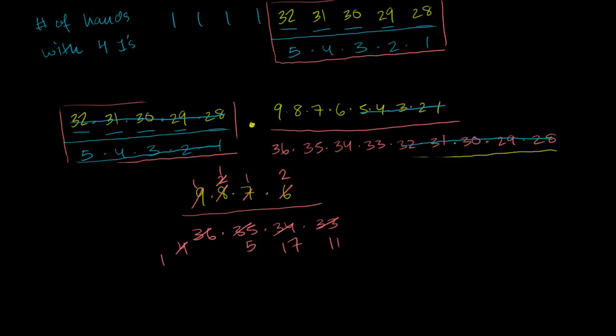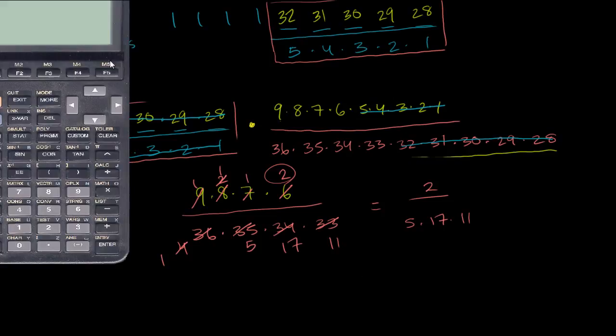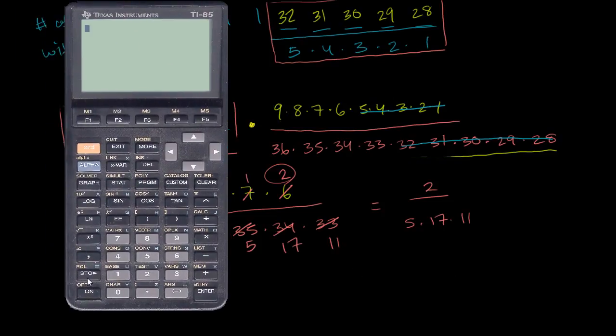So we're left with the probability of having all 4 ones in my hand of 9 that I'm selecting from 36 unique cards is equal to, in the numerator I'm just left with this 2 times 1 times 1 times 1. So it's equal to 2 over 5 times 17 times 11. And that is, so I need a drum roll.